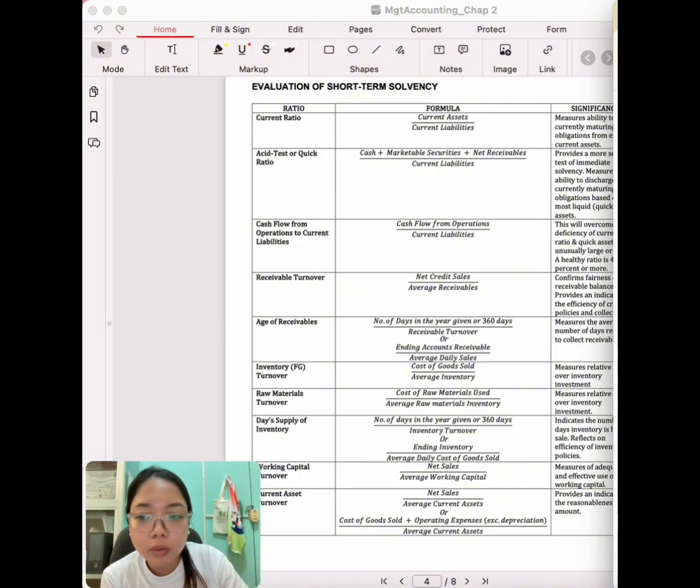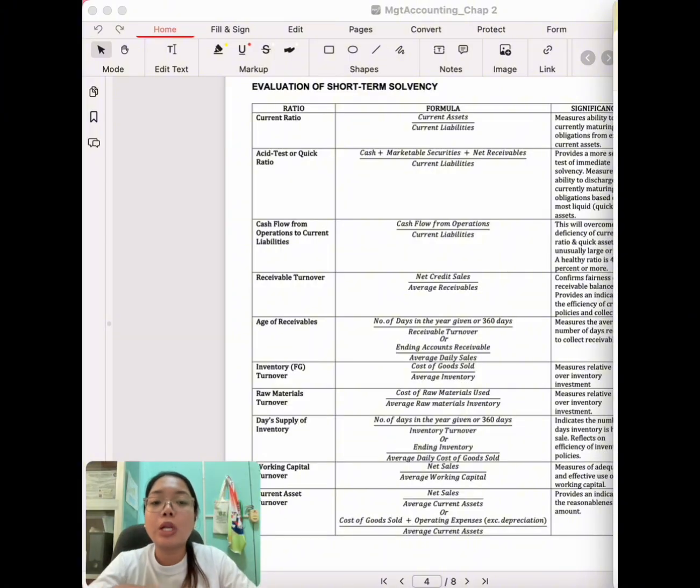So, inventory turnover measures the company's relative control over its investment in inventory. So for finished goods, the formula there is cost of goods sold divided by average inventory. So the important question here is how many times does our inventory turn over during the period?